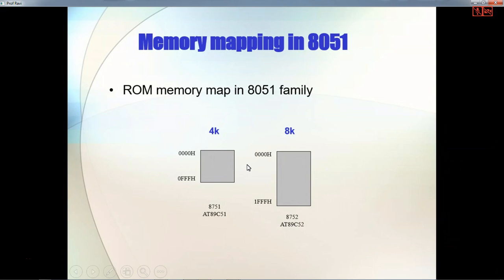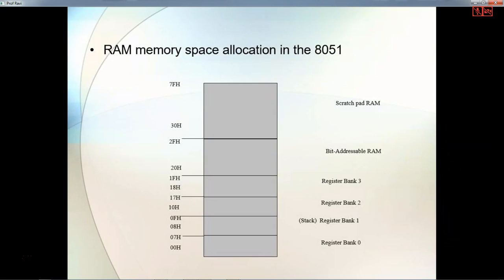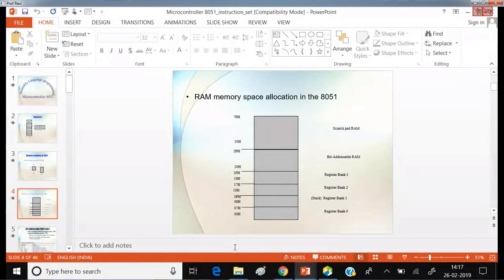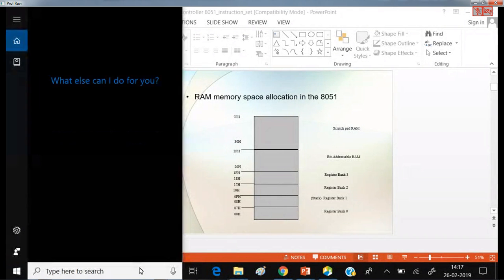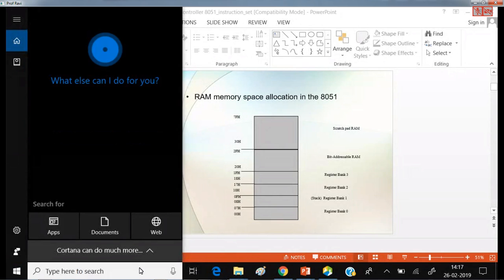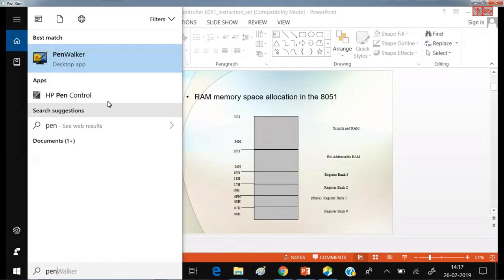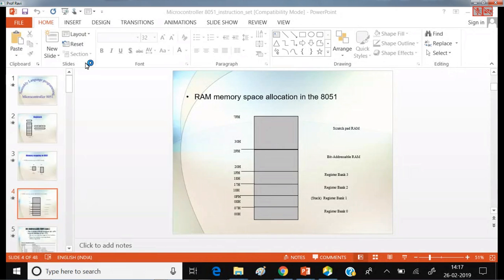And coming to the RAM, you have 256 bytes of RAM. In the last class, we have seen very clearly this RAM and the functions of RAM, and how the RAM can be used.